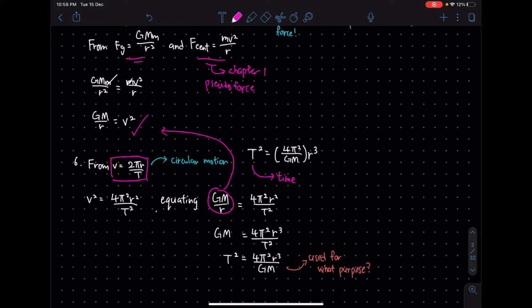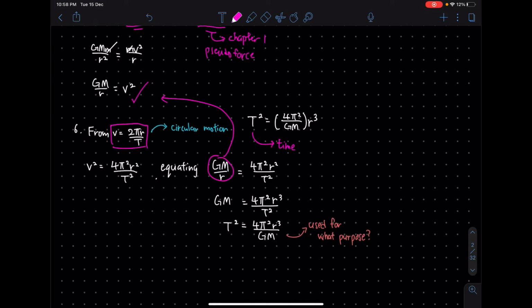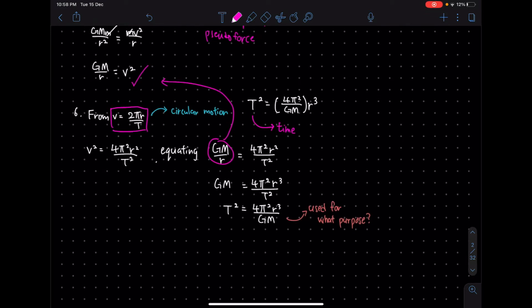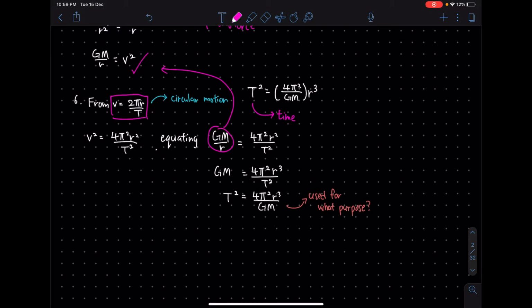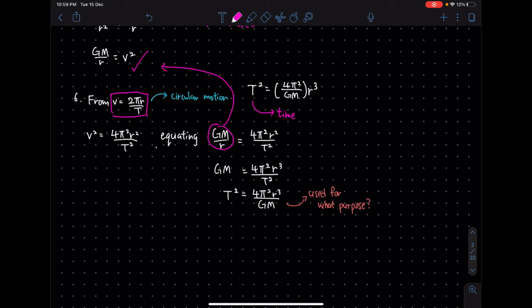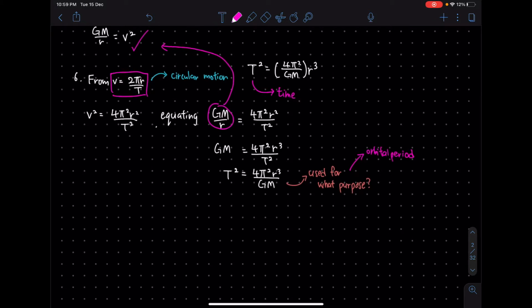But before that we square it first, since this is squared, so that they can be mathematically equivalent. By equating them and doing some simple algebraic manipulation, we'll be able to create this equation, which can be used to measure the orbital period. Okay, so that's all for all of the 6 equations.